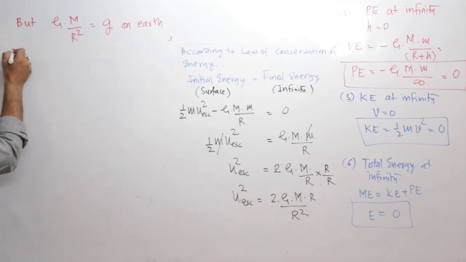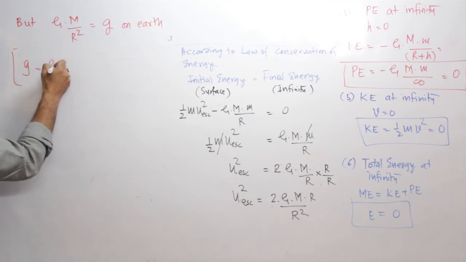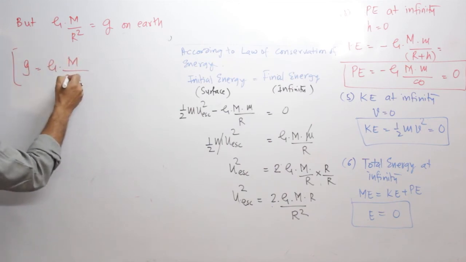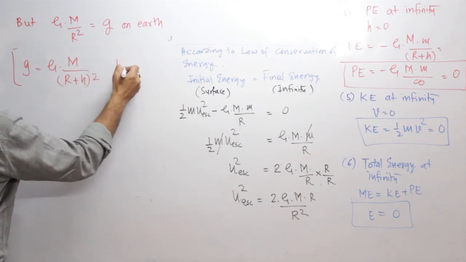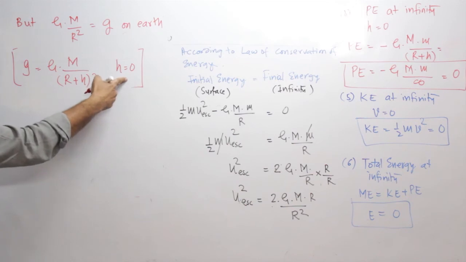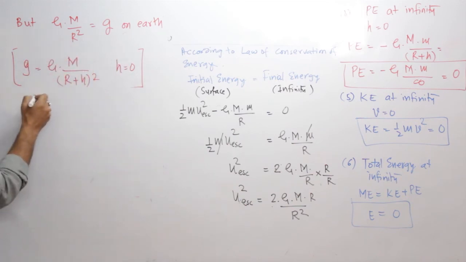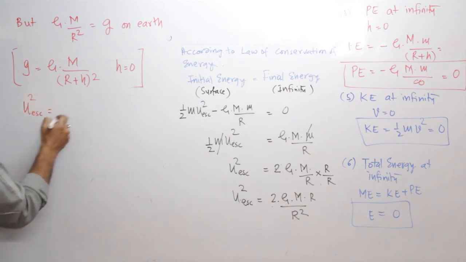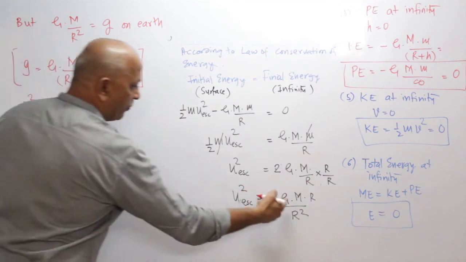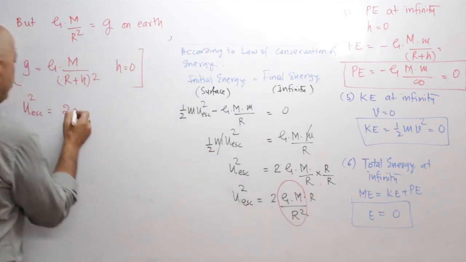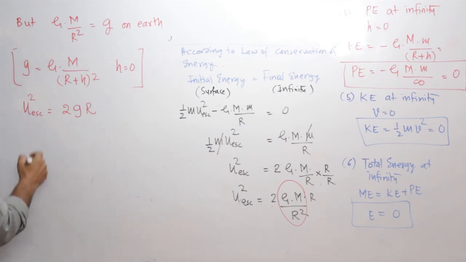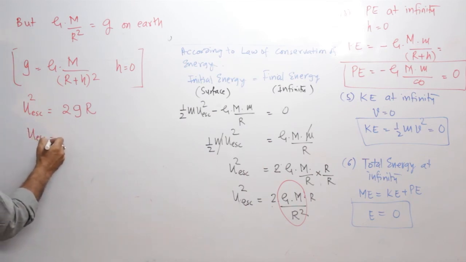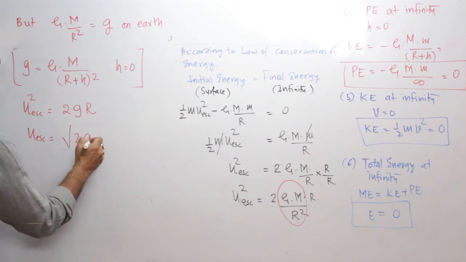What is the formula for g? The formula for g is G into M upon (r plus h) whole square. The h is equal to 0 at the surface. So g on the surface gives u square escape velocity equal to 2 into g into r. So u escape is equal to under root 2gr.